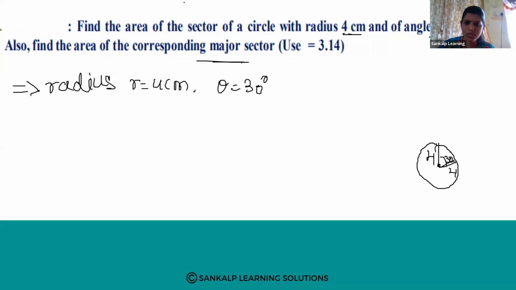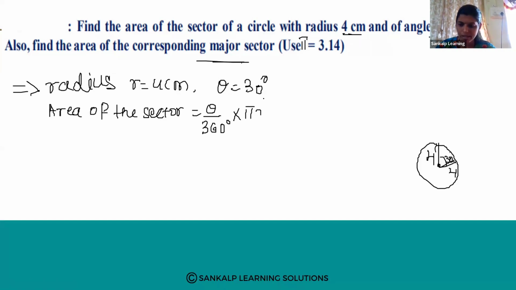Use pi is equal to 22 by 7, which is 3.14. Now, the area of the sector, we know the formula: theta divided by 360 degree into pi r square, right?